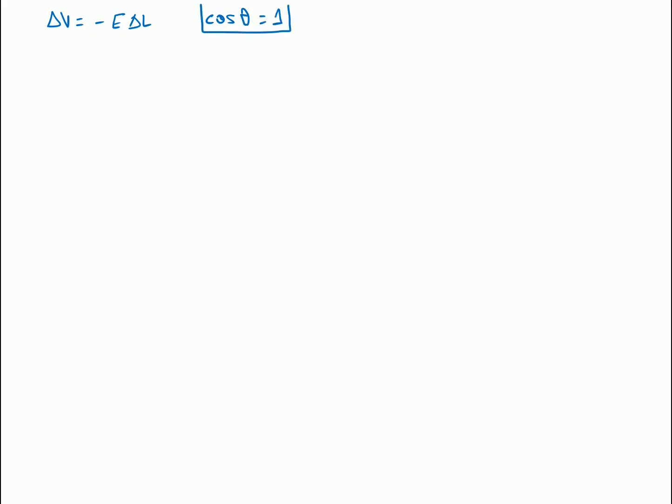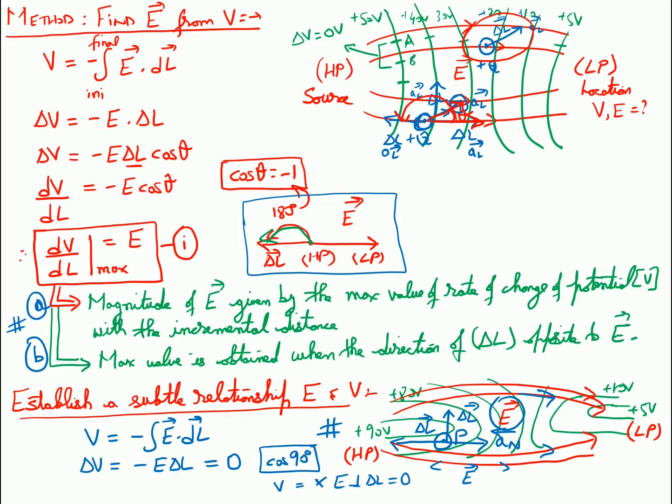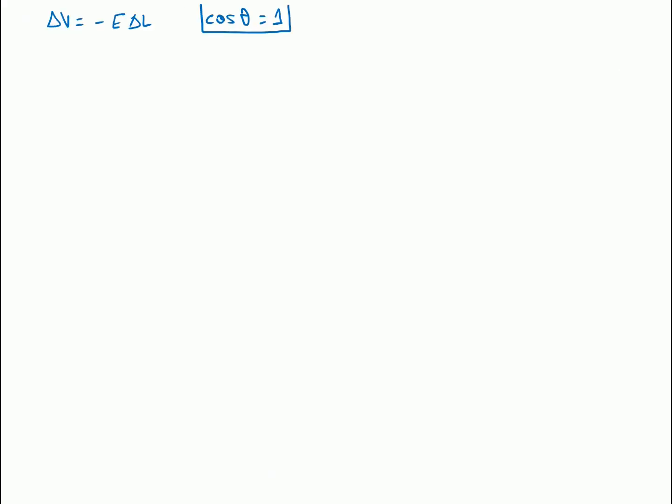In the previous case we took cos theta to be -1, now we want the angle to be the same, or they are parallel. This means that in this case the electric field comes out to be minus, changing the del operator to dL, and this is the maximum that we are getting. And now we introduce another element in the form of a_n.